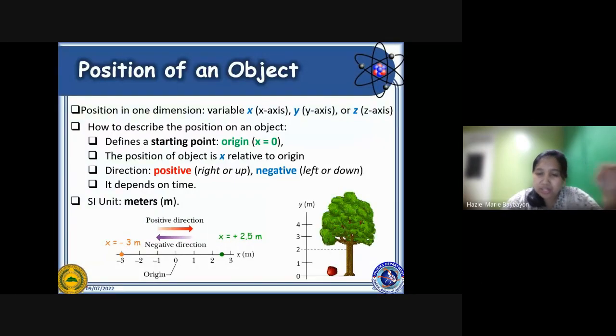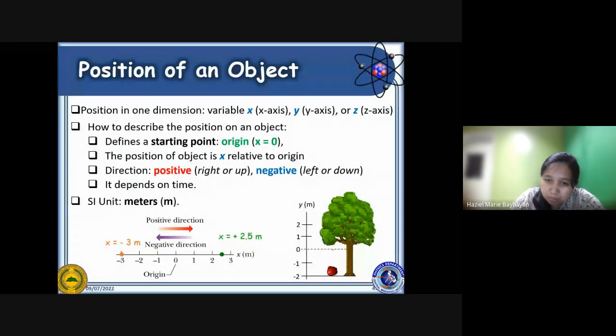Now, how about this apple, or this fruit here? In here, we can define any point as the origin. So here, what was set as the origin is the ground, but it can also be this one.